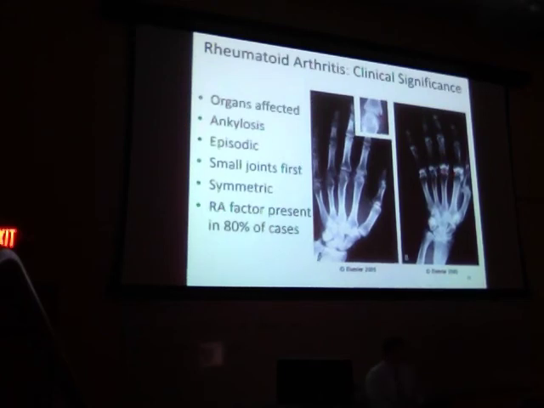The one on the left is in one patient, the one on the right is in a second patient. The organs that can be affected: skin, joints, blood vessels, even heart, lungs, and muscles, where you would have collagen derivatives in all of those locations.